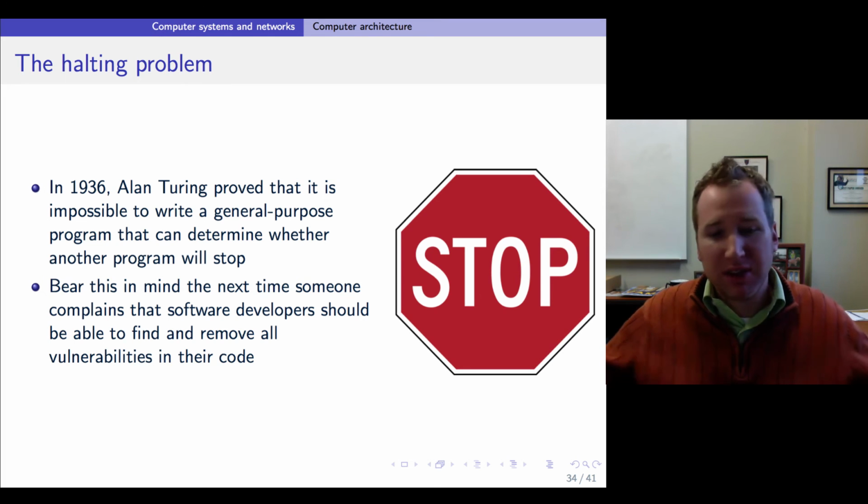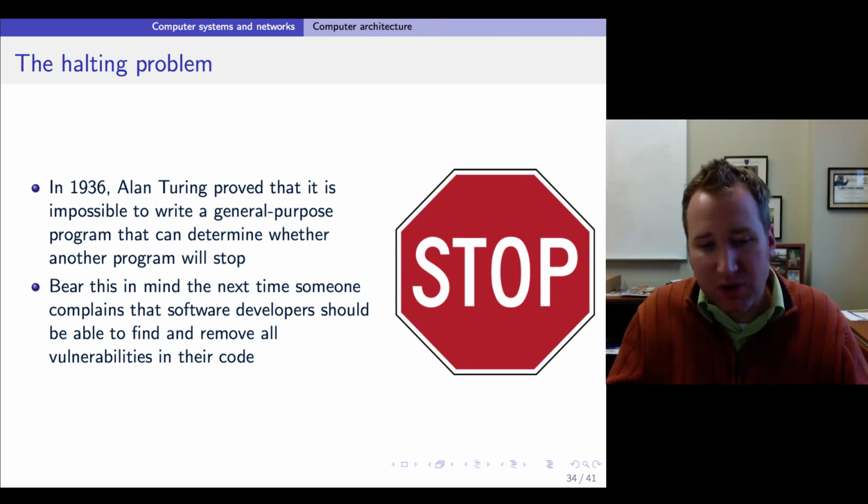So the idea is, wouldn't it be great if you could have a program that would take some code as input and then tell you whether or not that code is going to stop?